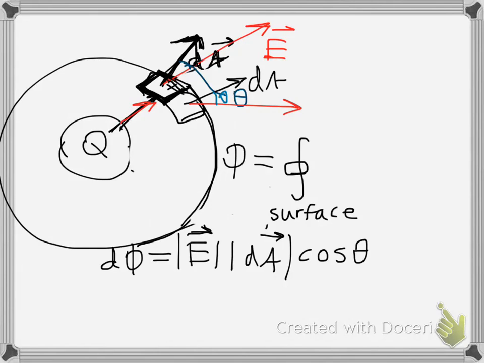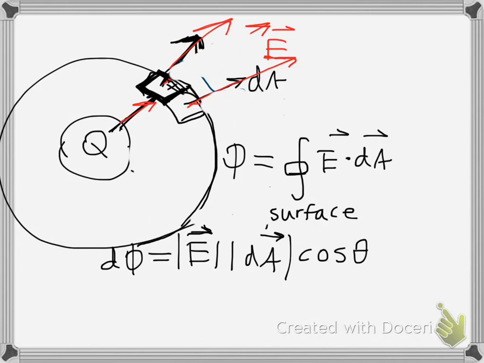So we would just draw a circle on the integral to indicate it's a closed surface, of E dot dA. Okay? But remember, since the electric field radiates out like a sphere, the angle between dA and the electric field would be 0. So theta is actually equal to 0.